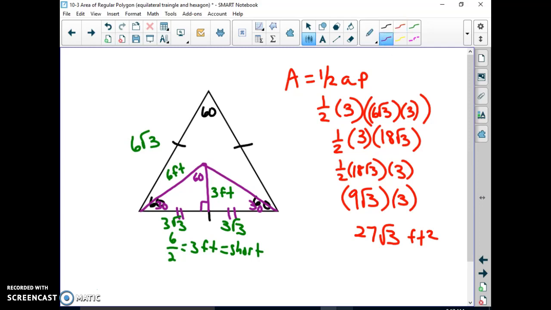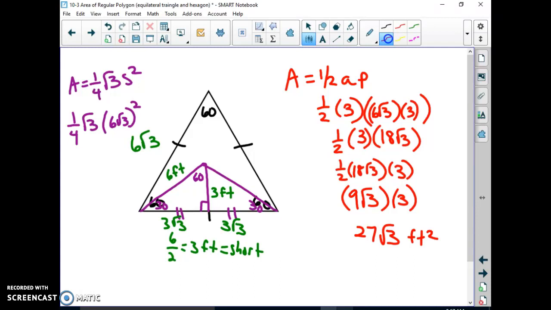Now, remember, another formula that we used earlier in the year for our equilateral triangle is 1/4 square root of 3 s squared. So I could also use this formula. So 1/4 square root of 3 times 6 radical 3 squared.